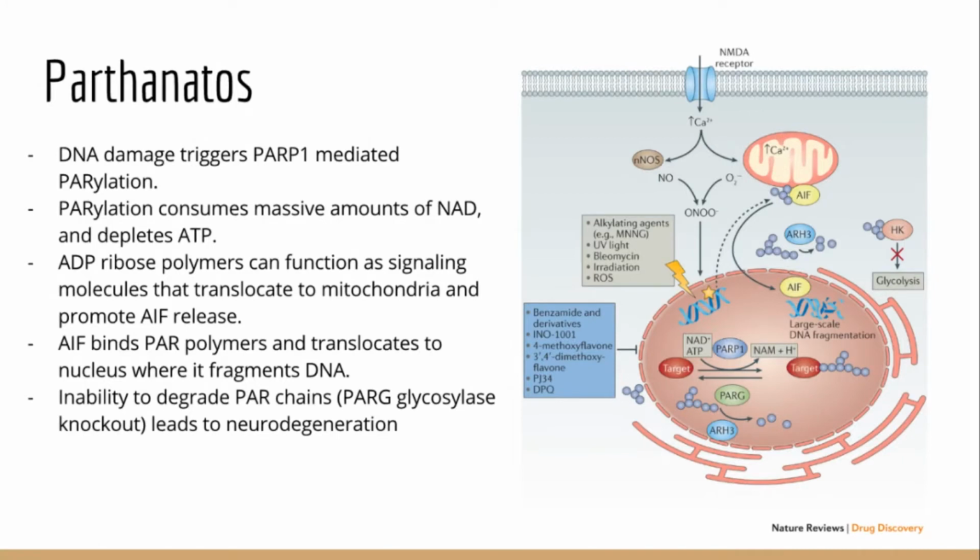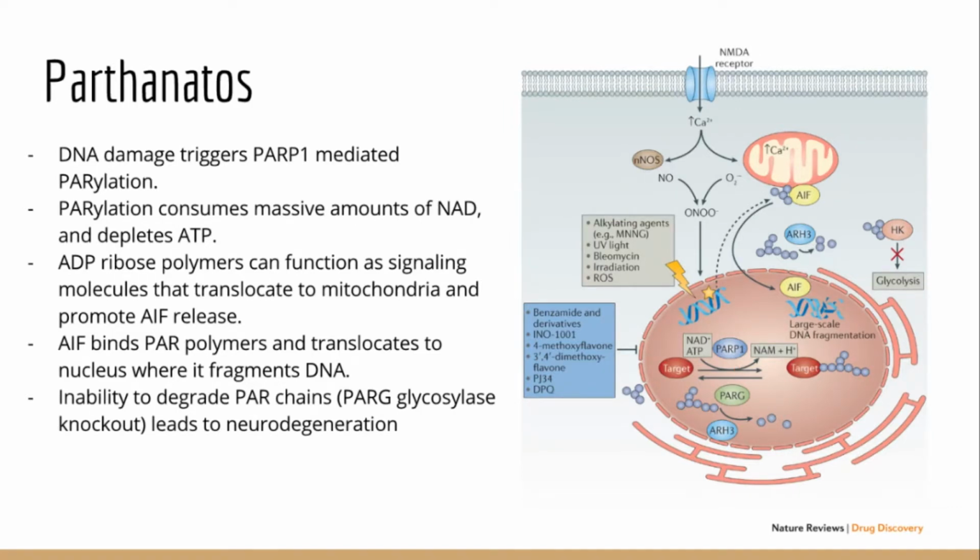So it's believed that Parthanatos is a response to DNA damage and the overactivation of this protein called PARP1. PARP1 stands for poly-ADP ribose polymerase, and that is what it does.